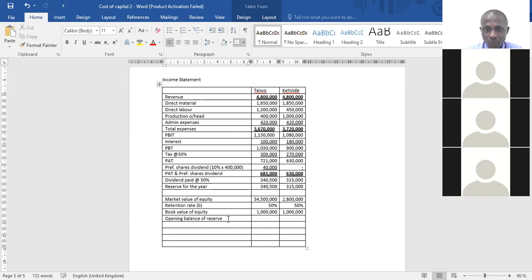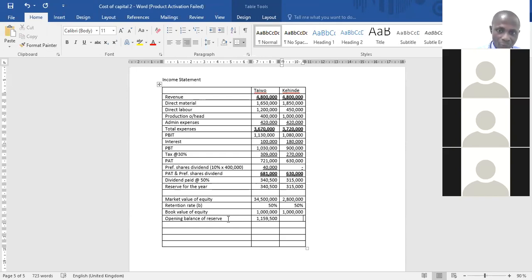For Taiwo, the reserve in the question is 1,500,000. Remove retained earning for the year, 340,500. So my opening retained earnings is 1,159,500.